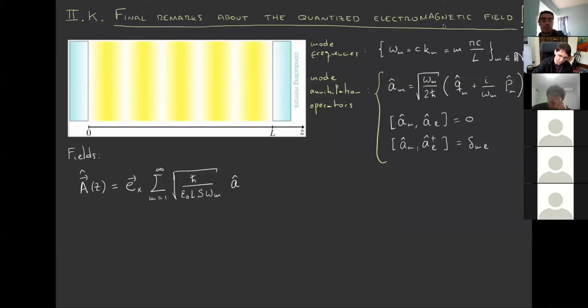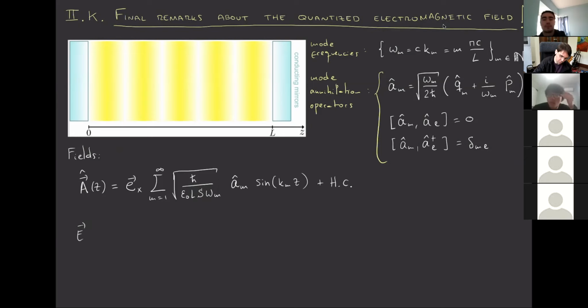And then we have the annihilation operator associated to mode M and the spatial shape of the mode M, which is a sine. So it's a standing wave of the cavity, plus the Hermitian conjugate, okay?